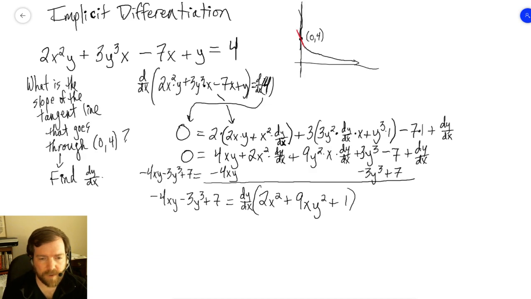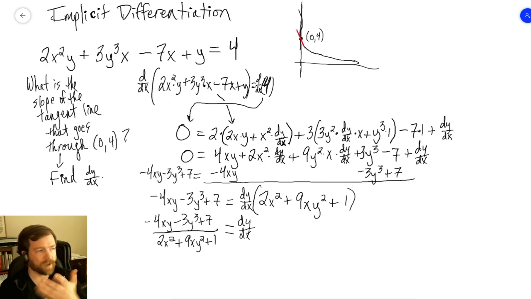Which means that dy dx is going to be equal to negative 4xy minus 3y cubed plus 7 divided by 2x squared plus 9xy squared plus 1. And at this point, we really can't do a whole lot with this.